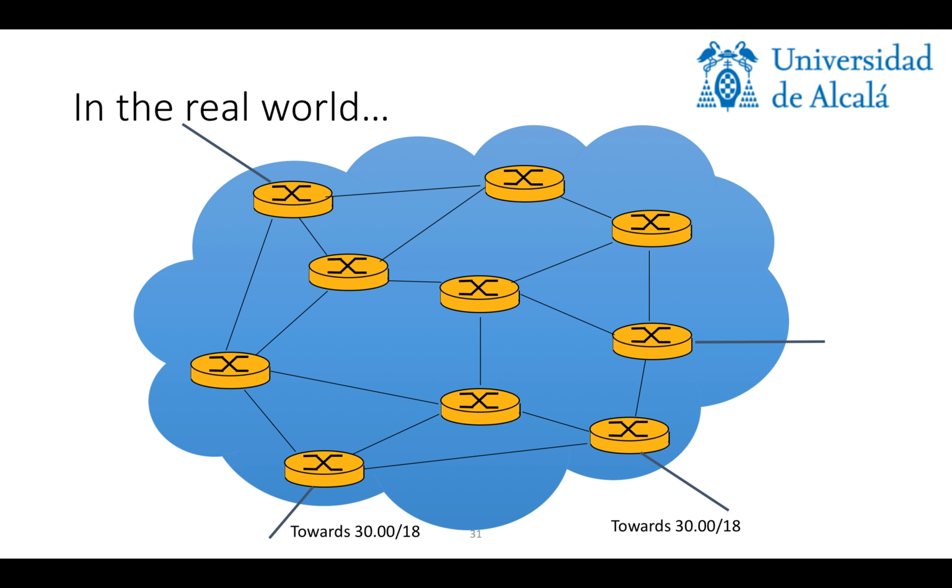As you can see, it has a lot of routers inside, and it may have several paths to a given destination prefix.